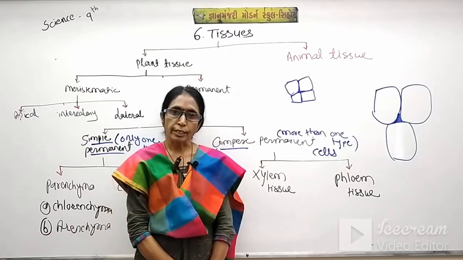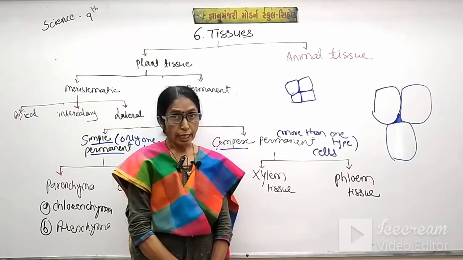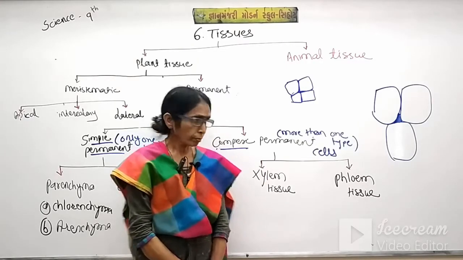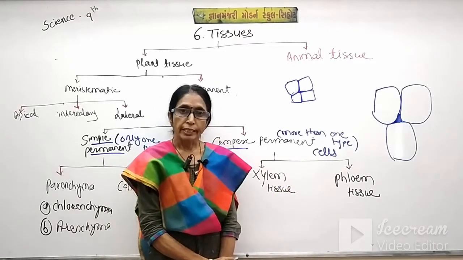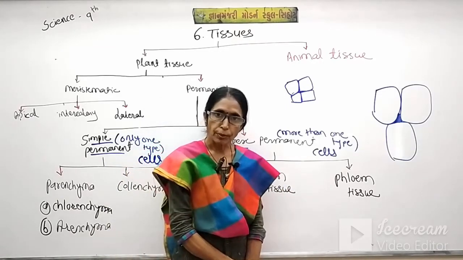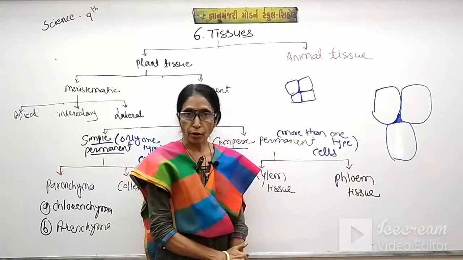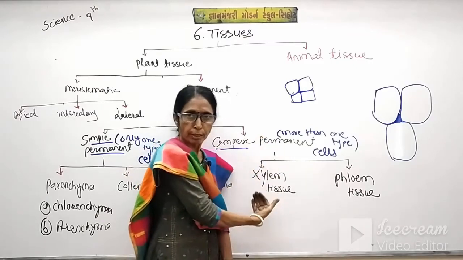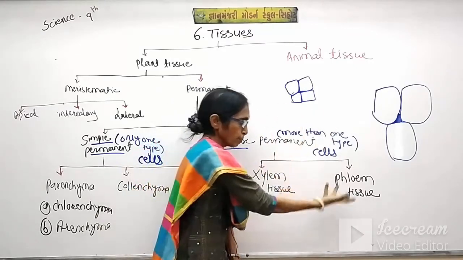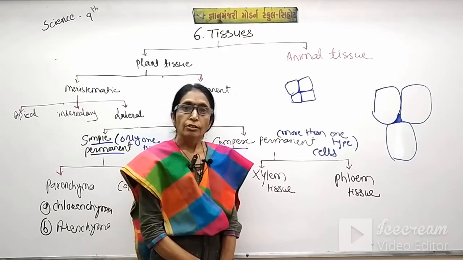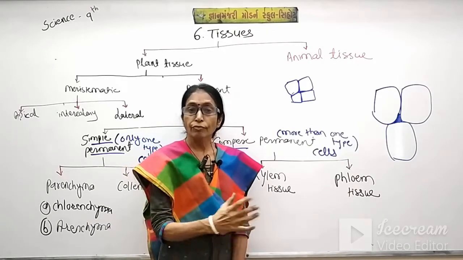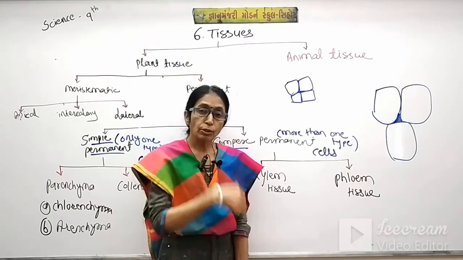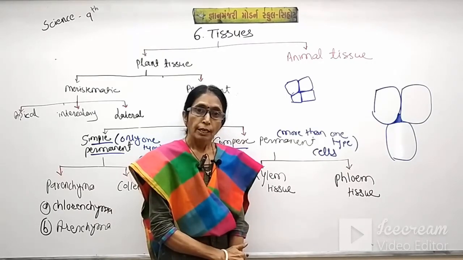And along with water, they are responsible for transferring the minerals to the upper parts of the plant. And phloem tissue is responsible for transporting the photosynthetic product, meaning food material. This is responsible for transport of water. This is responsible for transport of food material, photosynthetic food, which is prepared by the leaves, and it is transported to the other parts of the plants.